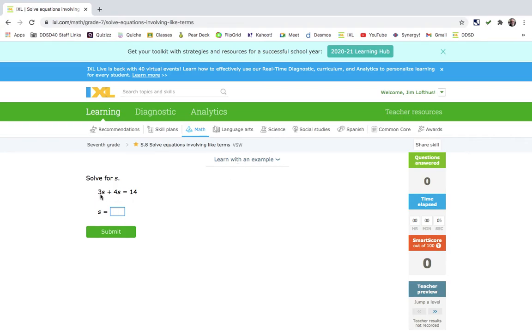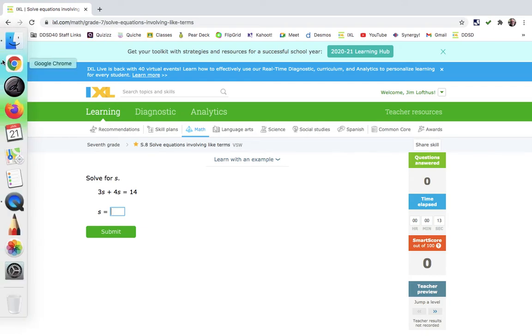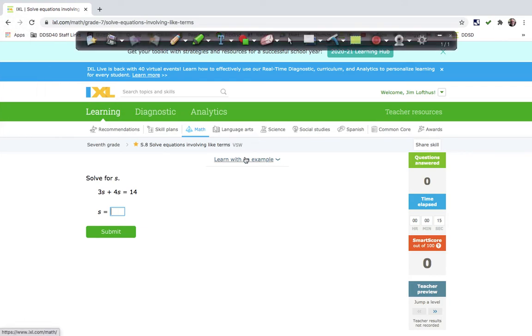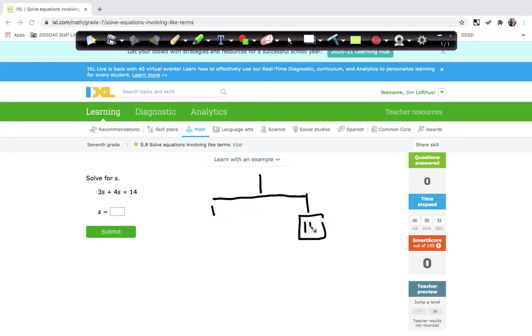So if I have 3 S's and 4 S's, that's the same as 7S. So I want to draw a picture of this as if it was a mobile, because I think that's really been useful this week. So this would look like this. We would have a weight on one side of it that would equal 14.